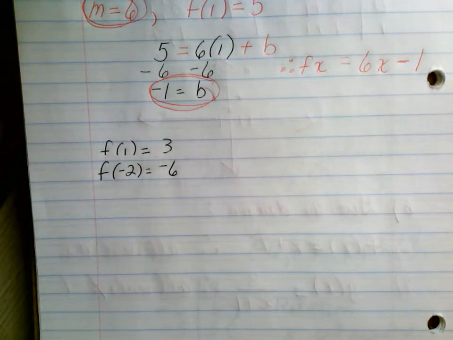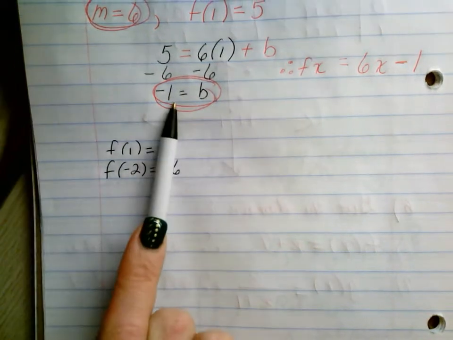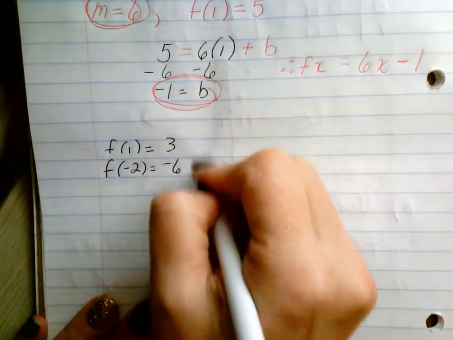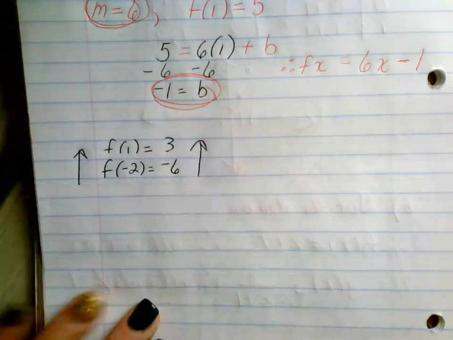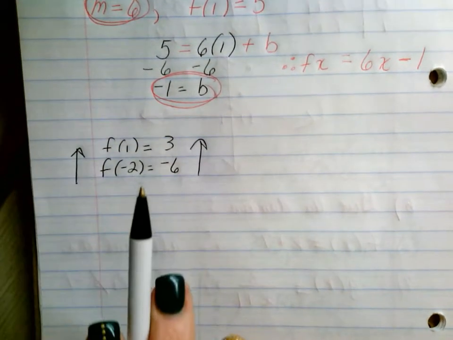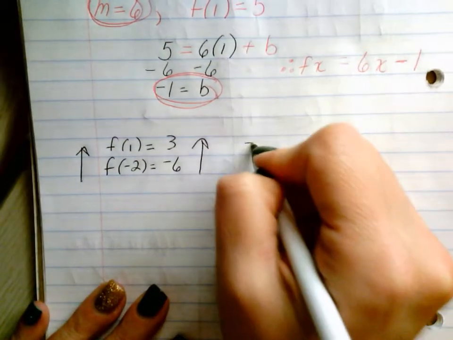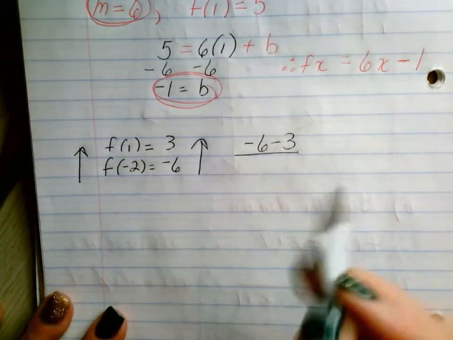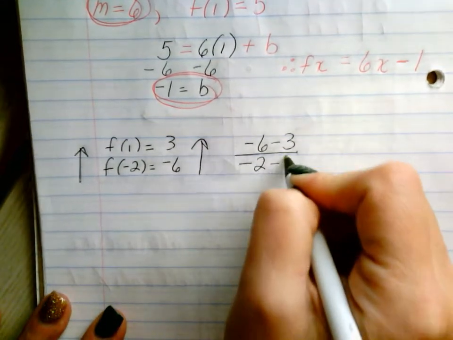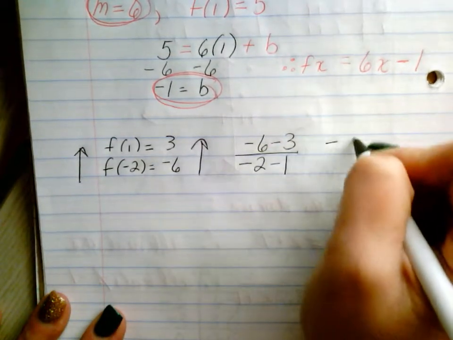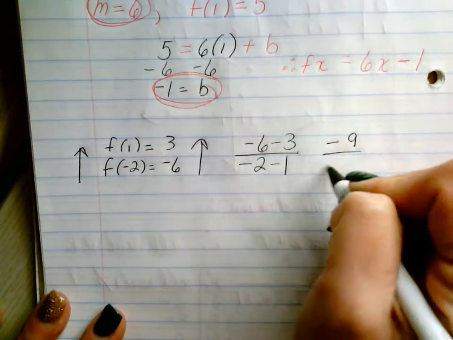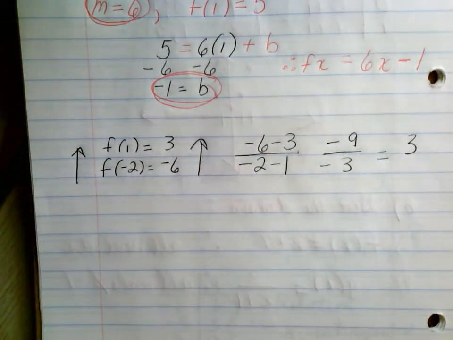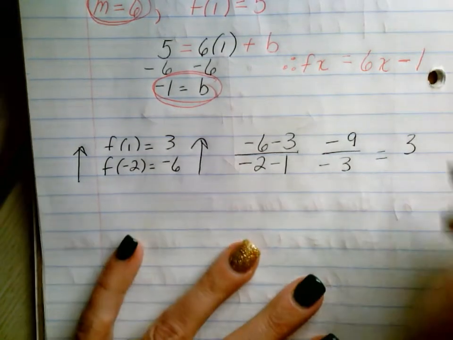Once I find slope, can I backtrack and find b like I did in the one above? Okay, let's find slope. I'm going to go this way. So change in output, -6 minus 3, over change in input. So you should have -9 over -3, otherwise known as a positive 3. Would you agree? So positive 3, this is my slope.